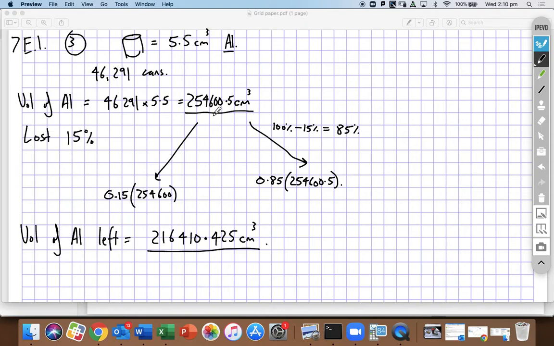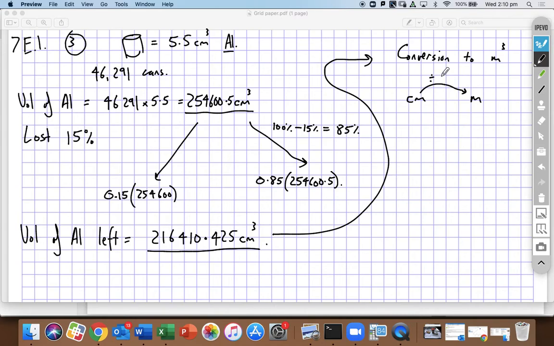Now, they want this number represented not in centimetres cubed, but in metres cubed. So this is the conversion part, right? Let's go up here. We want to do a conversion to metres cubed. Like I was saying before, if we're going from centimetres to metres and they're just lengths, we would divide by 100. Take the centimetre amount, divide it by 100, right?